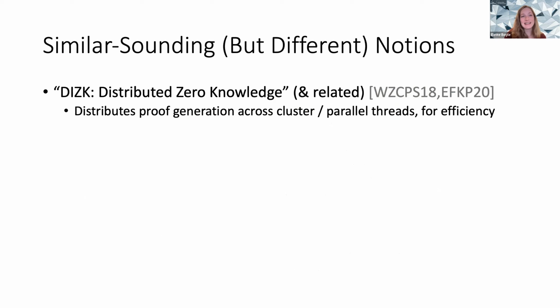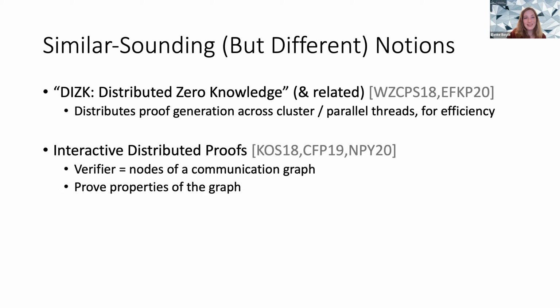So one is referred to as distributed zero knowledge and other related works. They consider a different goal where they take the prover, or you could also consider the verifier, but distributing for purposes of efficiency. So here, this is not the case where, for example, the verifiers need to have zero knowledge, even with their pieces of the statement and so forth.